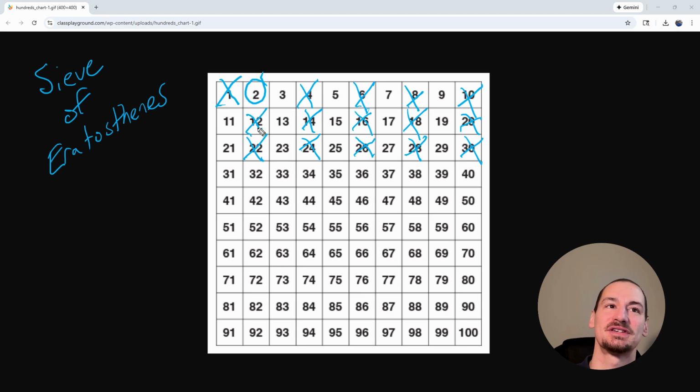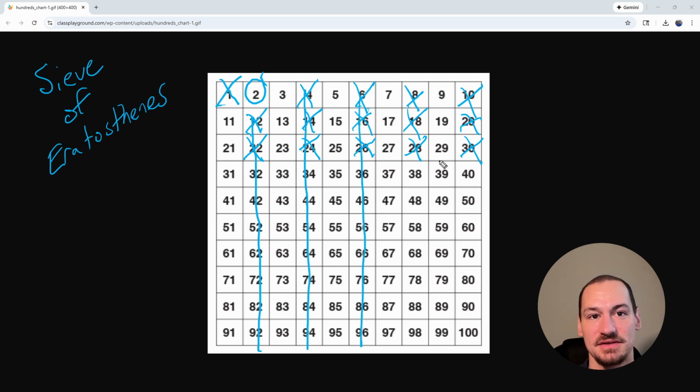You can see that the tens place doesn't really matter when determining what an even number is. So you can just cross off all of the numbers that have a 2 in the ones place, a 4 in the ones place, 6, 8, and 0.